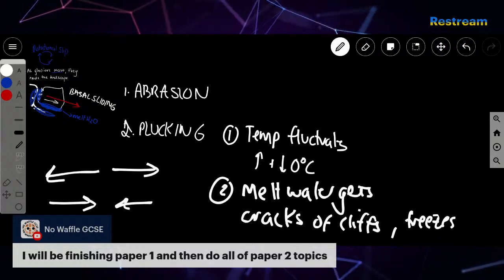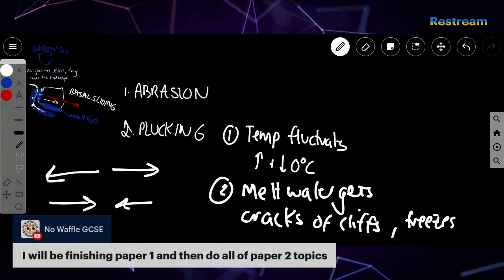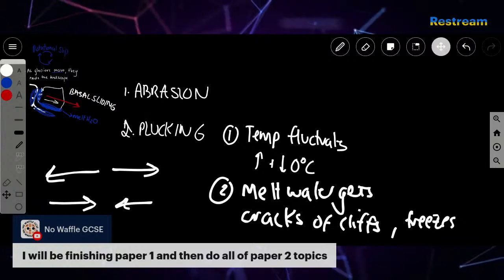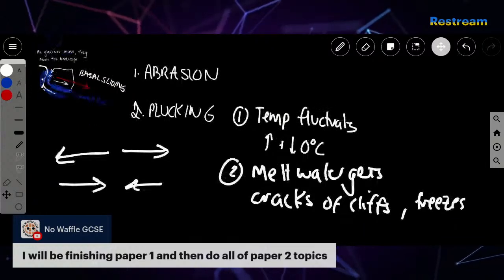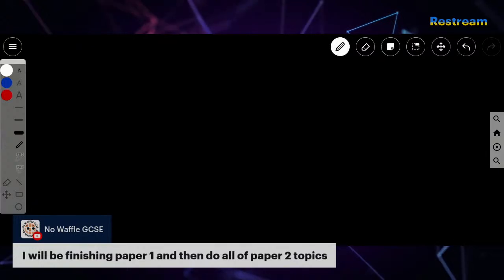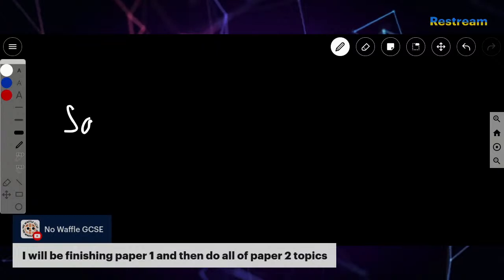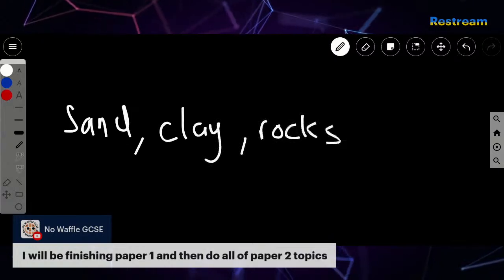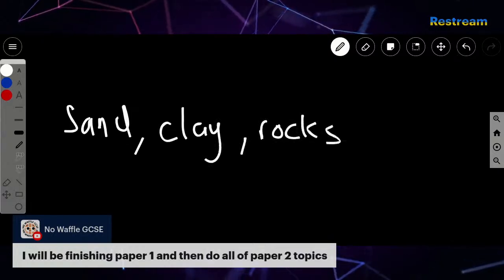Now, this is all about glacial erosion, but now let's move on to glacial transportation. So, glaciers can also move material just like waves can move material. Things like sand, clay, and rocks. And they can move these very, very large distances.